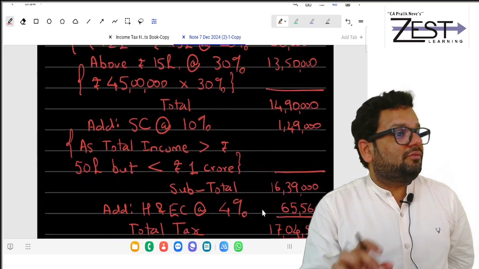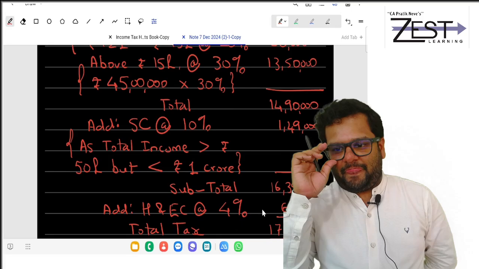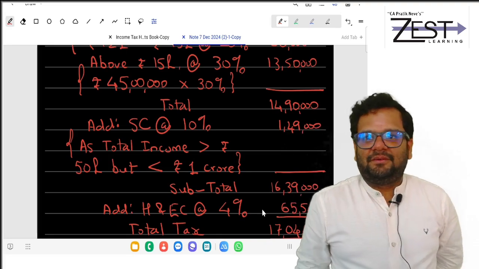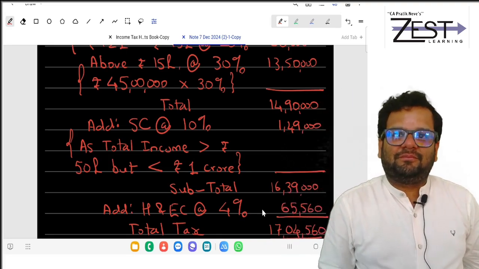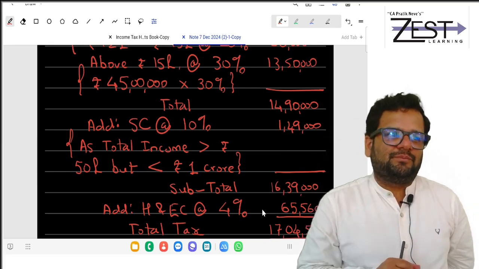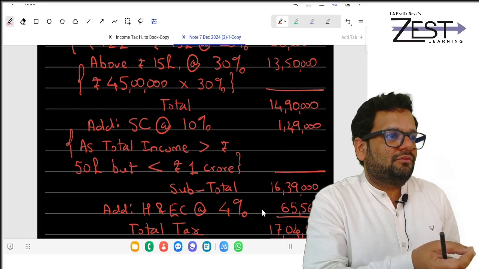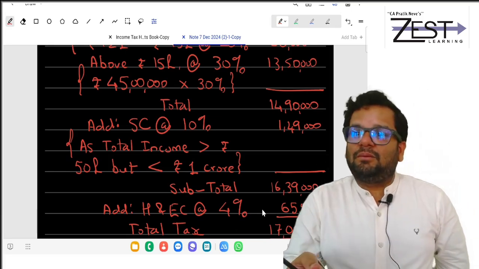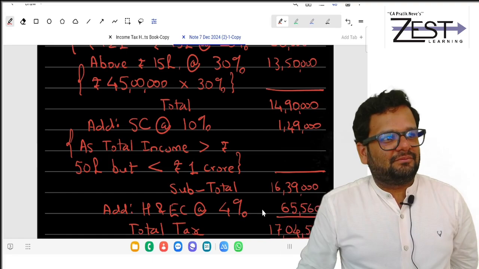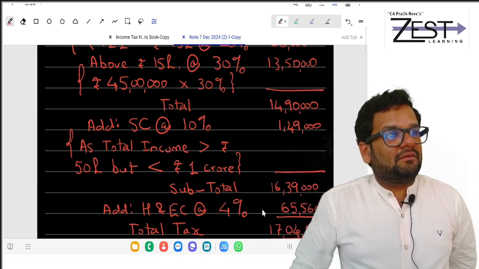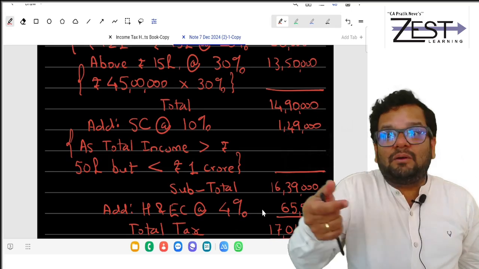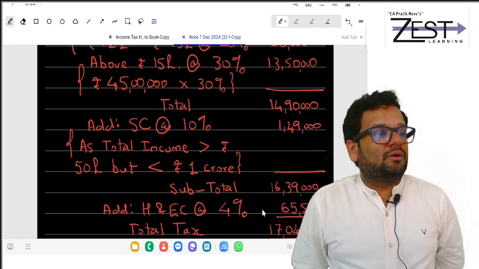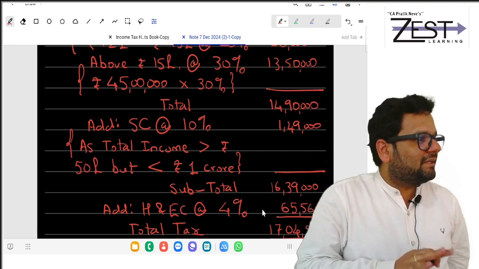Next, because of surcharge, pay attention. One unique problem will happen. What unique problem? If your income is just above 50 lakhs, or just above 1 crore, or just above 2 crores, then because of that small excess amount, you fall into surcharge. You are happily earning 50 lakhs, it's okay.